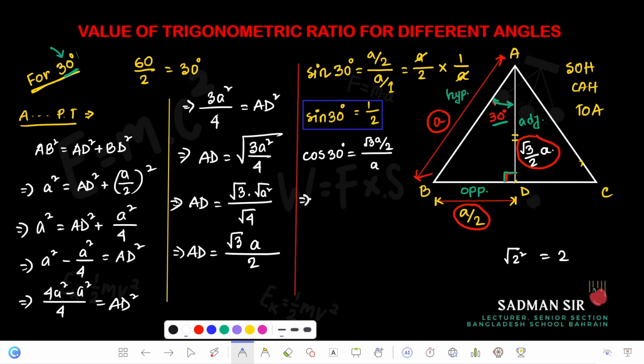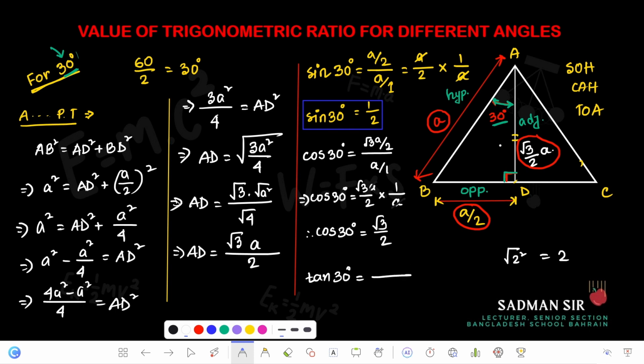So now cos 30 degree will be equal to this root 3a by 2, that is the numerator, and then again we will write a by 1 so that we can write it as 1 by a, correct? Then we can cancel a and a, so root 3 by 2 will be remaining only. So cos 30 will be root 3 by 2.